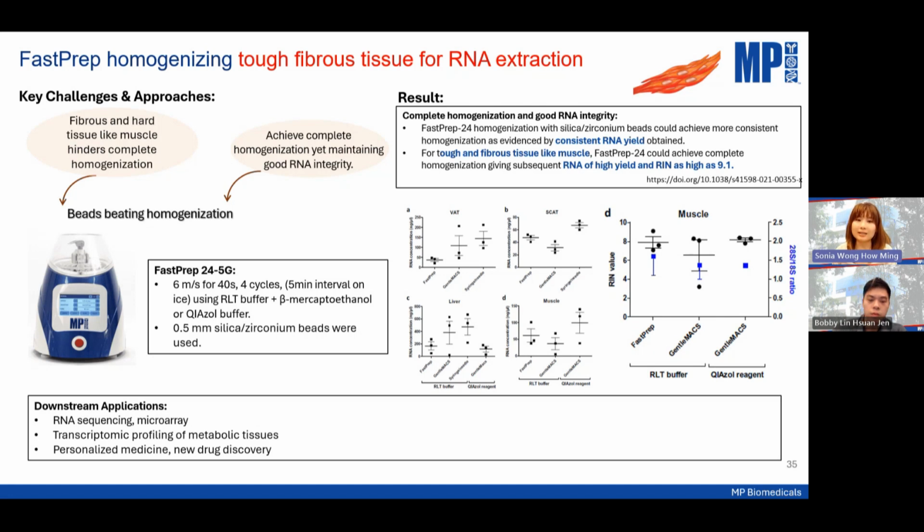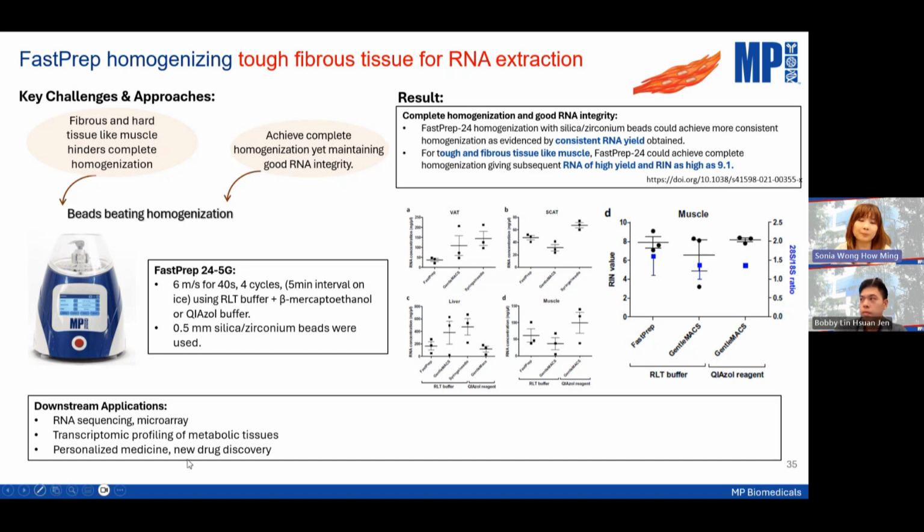And on the right side, you can see that even for tough and fibrous tissue like muscle, after using FastPrep-24 to homogenize or break it into smaller pieces, we still could achieve complete homogenization, giving subsequent RNA of high yield and high integrity, with an RNA integrity value as high as 9.1, as you can see here.